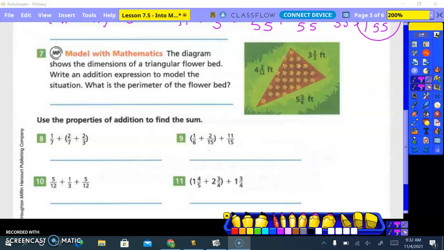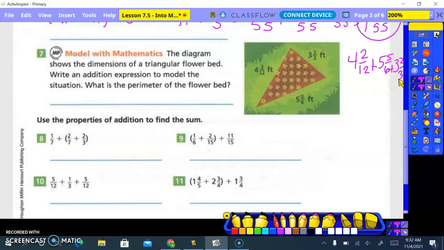Okay, so what are we going to do, guys? So we're going to add 4 and 2/12s, right? All right, so 4 and 2/12s plus 5 and 5/6 plus 3 and 2/3.